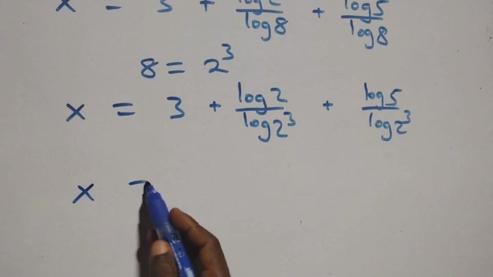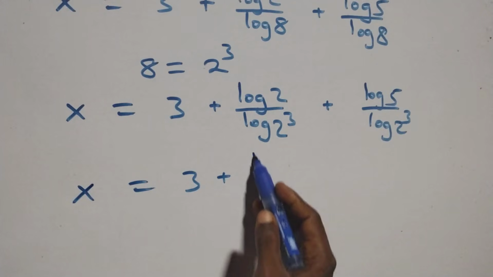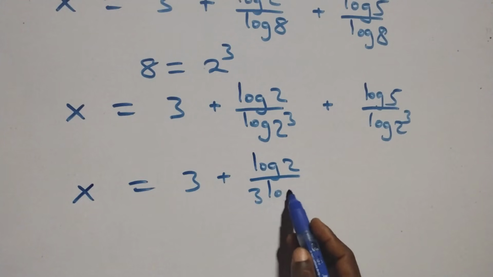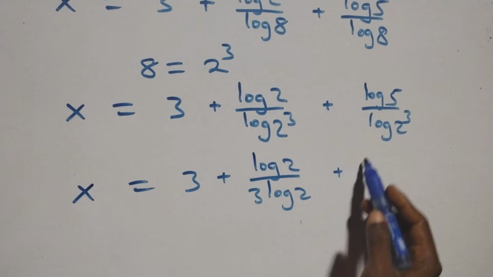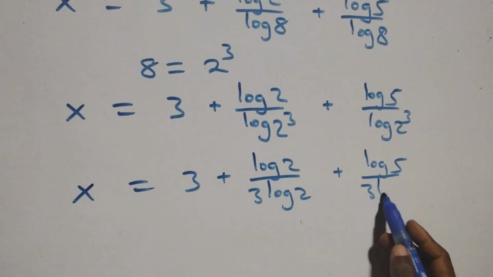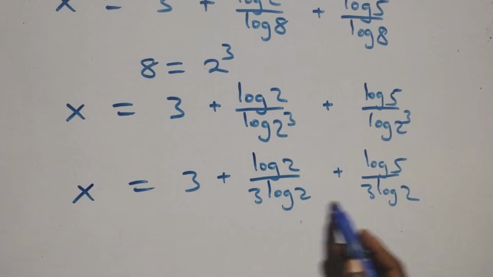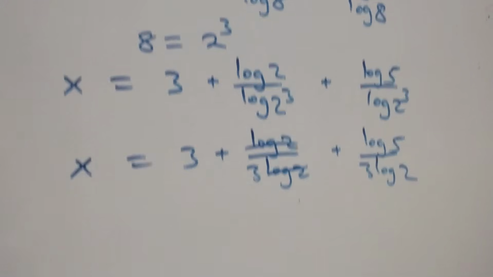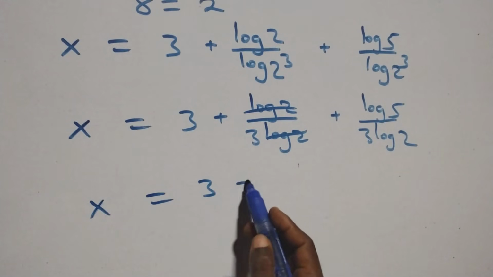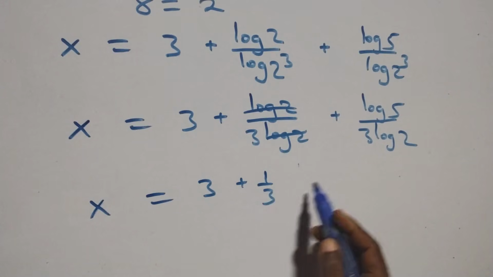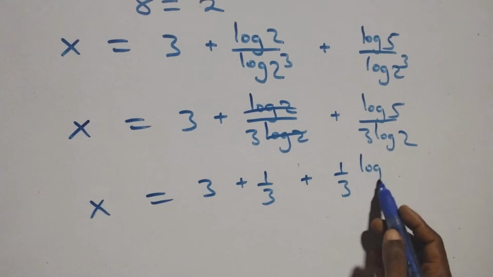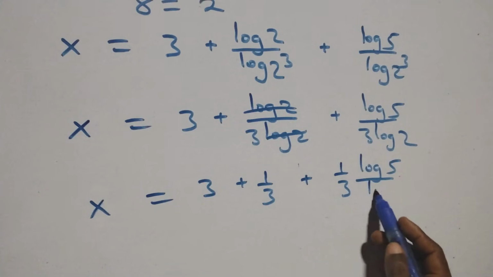We have x equals 3 plus log 2 over 3 log 2 plus log 5 over 3 log 2. Here, log 2 cancels each other. We have x equals 3 plus 1 over 3, then plus 1 over 3 times log 5 over log 2.